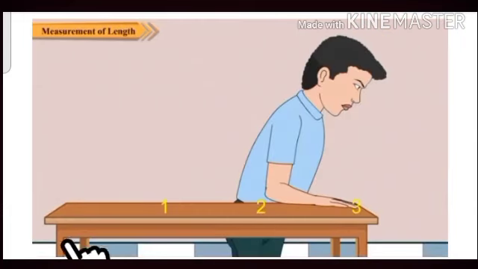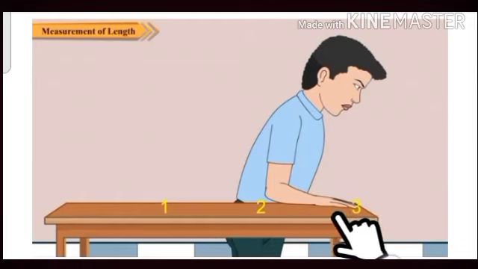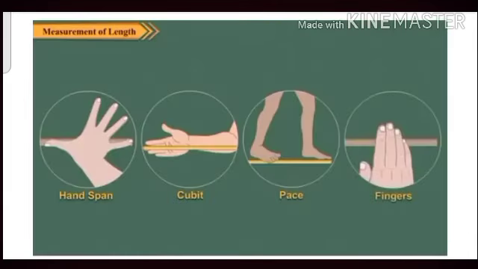Now her father is measuring the same table, but now that measurement is 3 cubits. So that girl measured 4, the father measured 3 cubits. So the length is not fixed. It varies from person to person. That is why we are saying these are non-standard units.